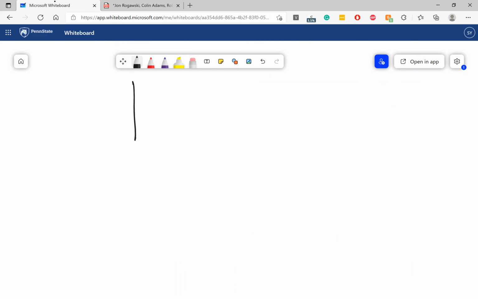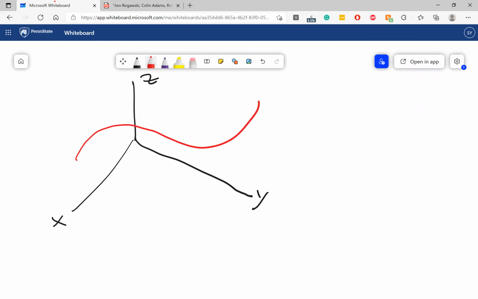Again, you are in R3, so here's your x, y, and z, and here's your curve. This curve is given in the form r of t, and imagine that for every point, it tells you where some particle is. So this is, let's say, t is equal to 1, your particle is here. t is equal to -1, so on and so forth. So it tells you the position of a particle.